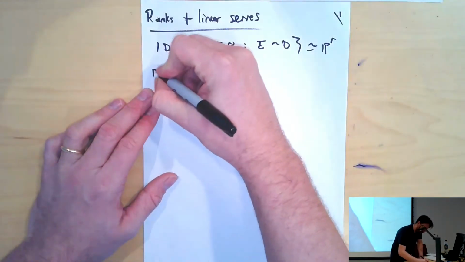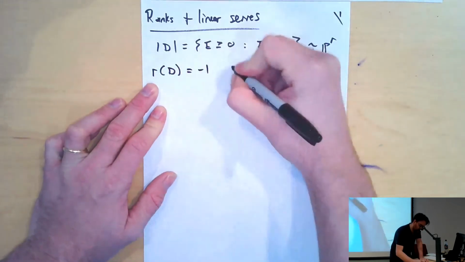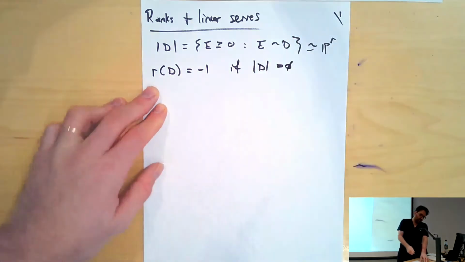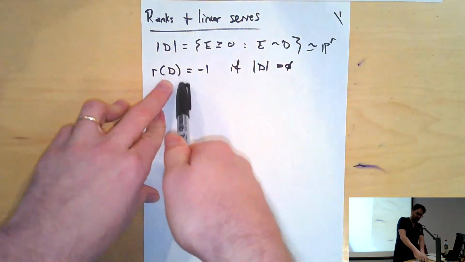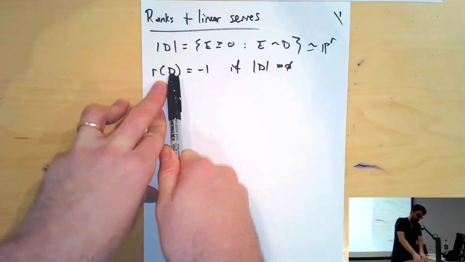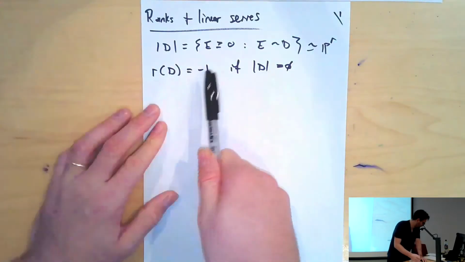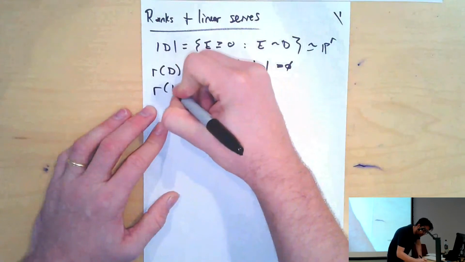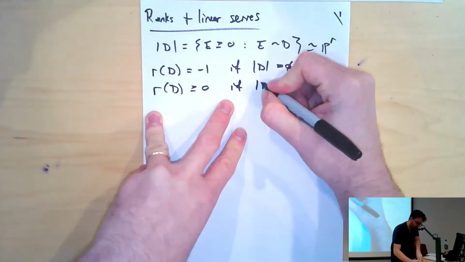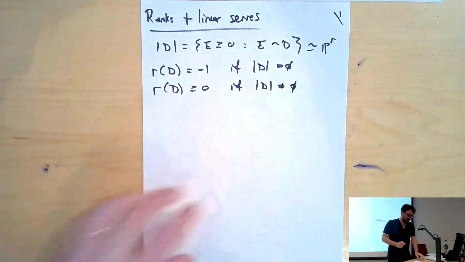So let's just formally define the rank of a divisor to be minus 1 if the linear system is empty. So meaning, if D is not effective and not equivalent to an effective divisor, we say it has, well, minus 1, or if you like, minus infinity is fine. We say that it's at least 0 if D is equivalent to some effective divisor.